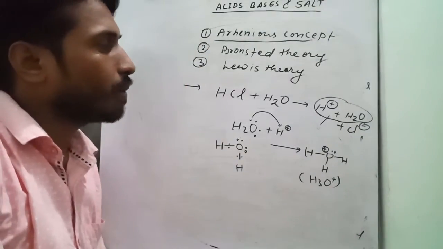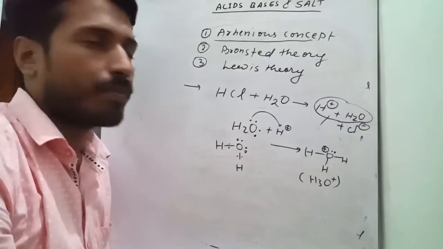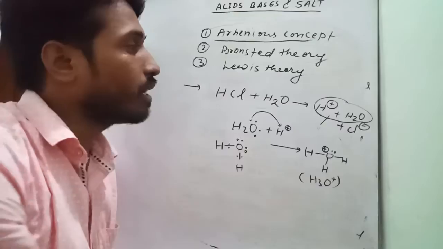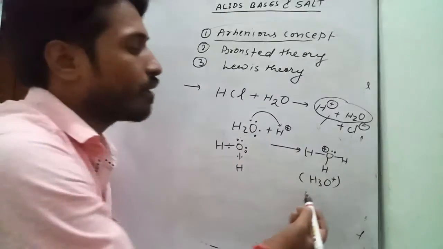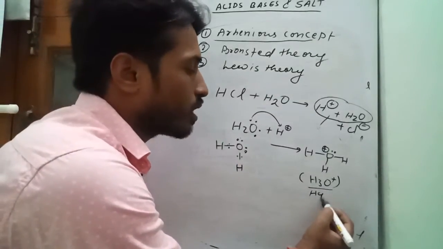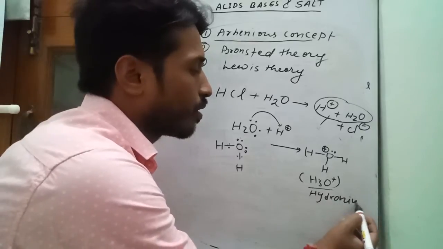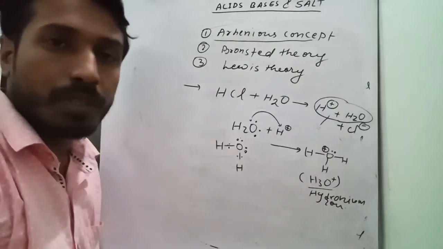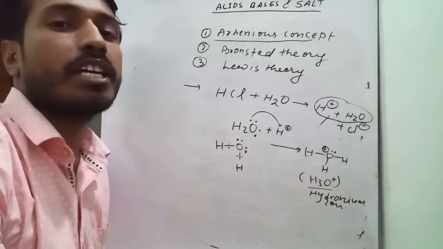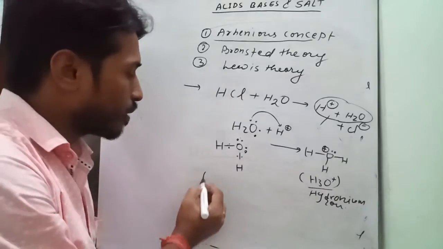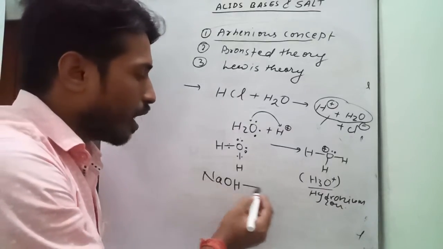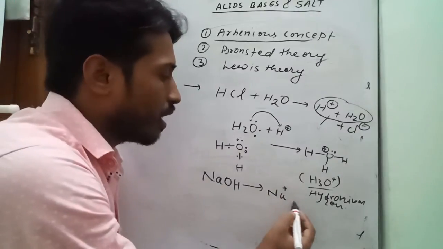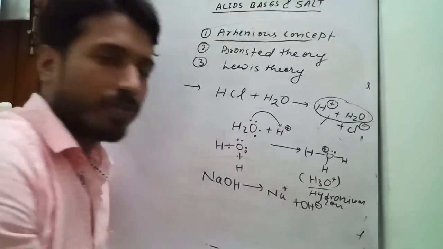So whenever we dissolve any acid in water, that is in aqueous medium, it will give hydrogen ion and further hydronium ion. And those species which can give OH negative, let us suppose NaOH, upon dissolution in water will give Na positive plus OH negative.